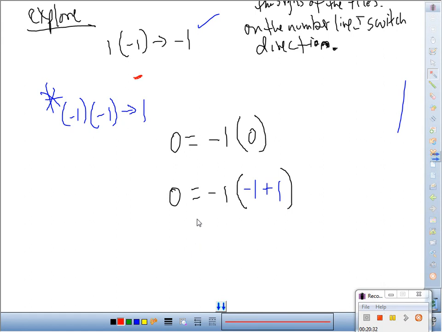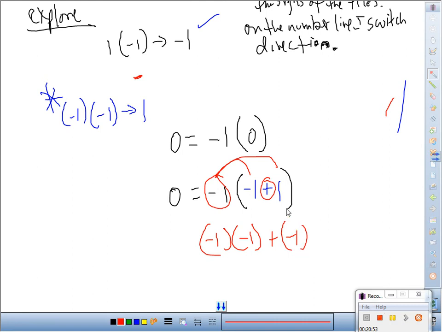My next step, I'm going to apply distributive property. I'm going to distribute this negative 1 in here. Watch. Negative 1 times negative 1 plus negative 1 times 1.